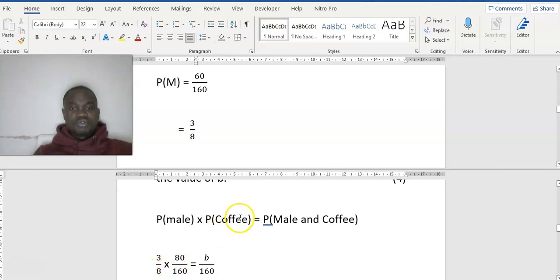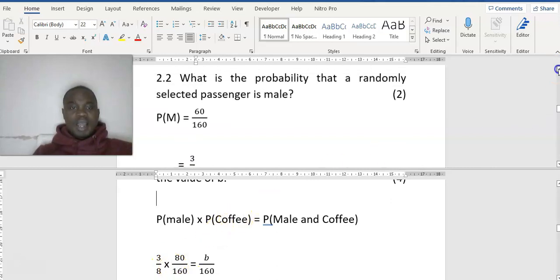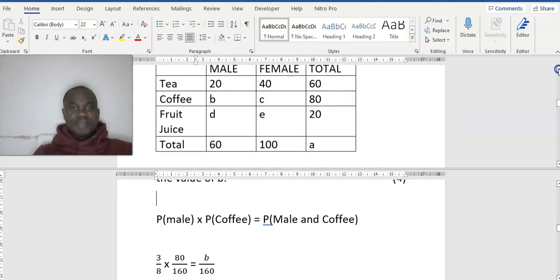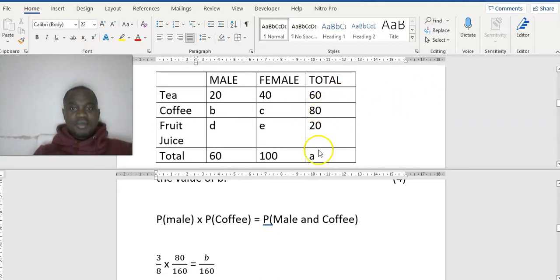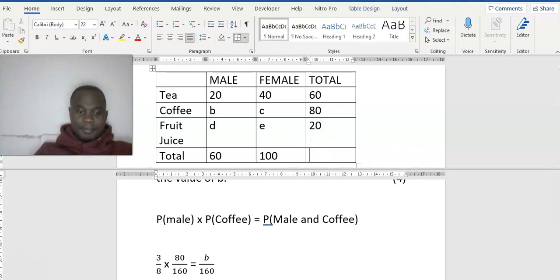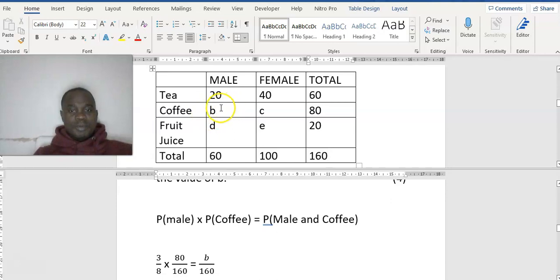And the probability of those who drink coffee is 80 over our A, which is 160. So the probability of those who drink coffee is 80 over 160. It should be equal to the probability of male and coffee, those who are male and drink coffee, which is B over 160.